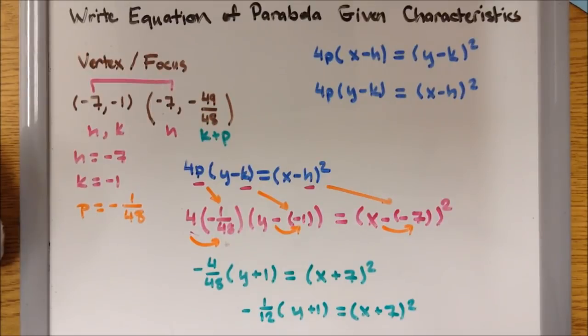So that's going to be our equation of the parabola for this example: negative 1 over 12 times (y plus 1) equal to (x plus 7) squared. And that is the work for finding h, k, p, and in order to get this equation.